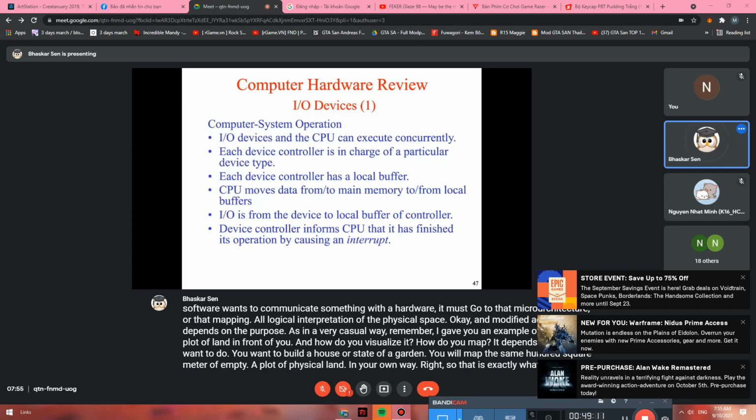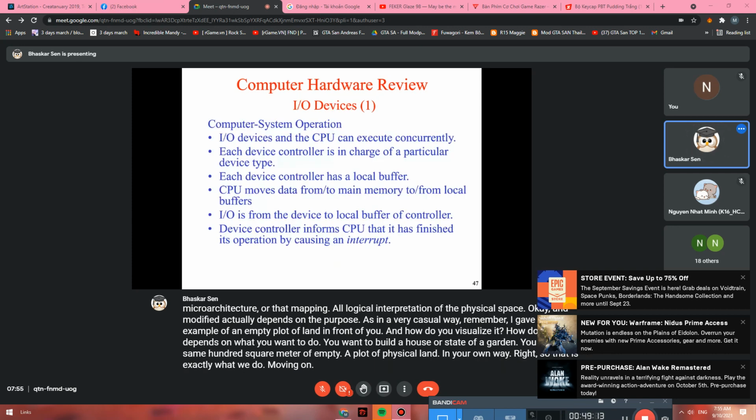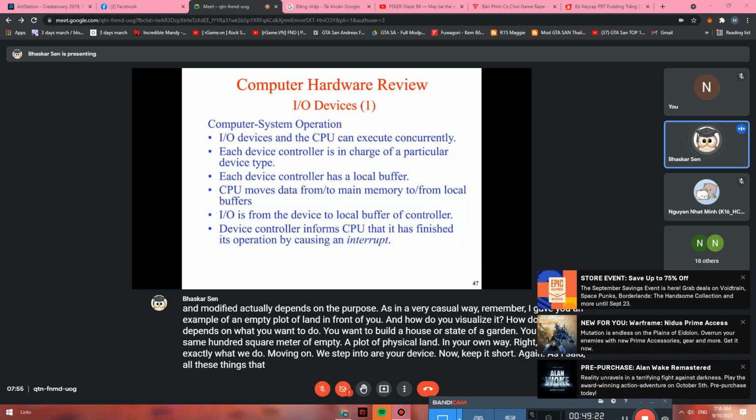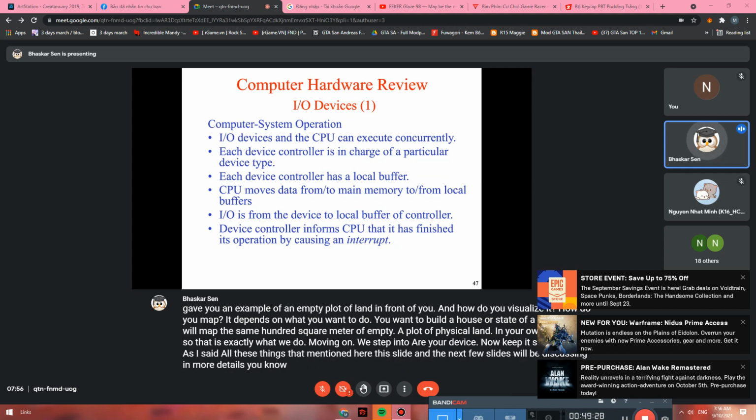Moving on, we step into I/O devices. To keep it short again, all these things that I mention in this slide and the next few slides, we'll be discussing in more detail in a better way in chapter 5 when we start talking about input output devices.